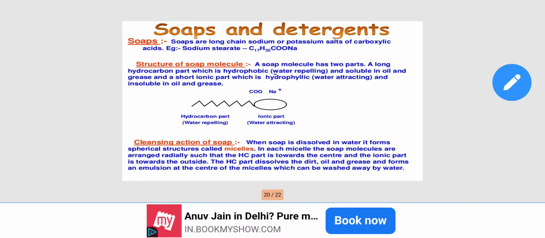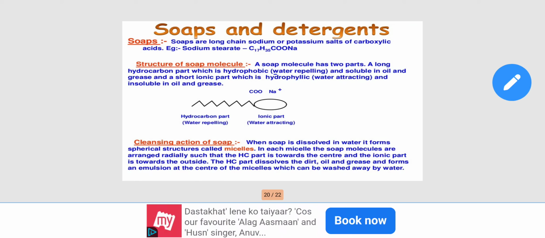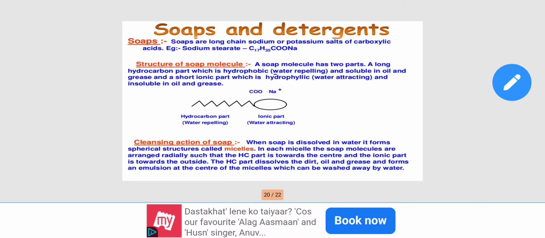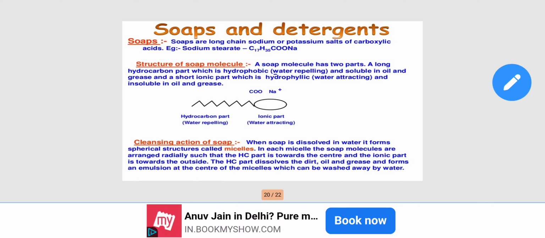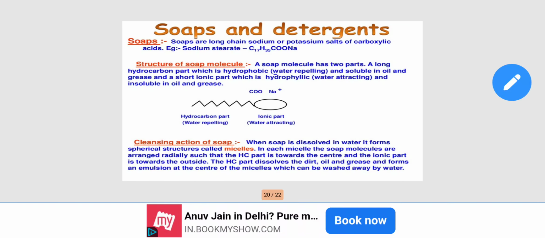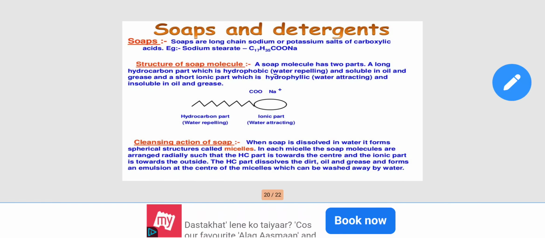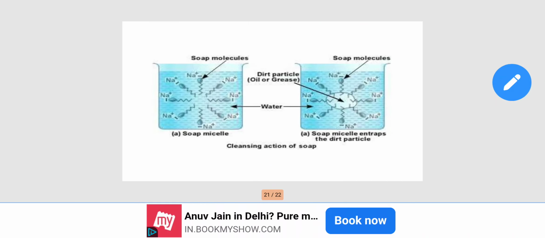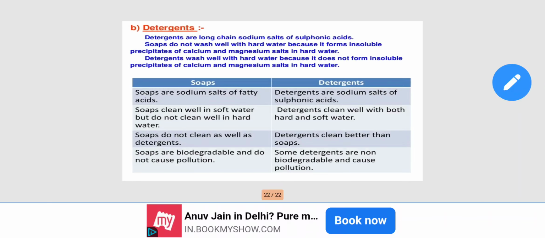The ionic part means water attracting. The hydrocarbon part dissolves the dirt, oil, and grease and forms an emulsion at the center of the micelle, which can be washed away by water. You can see this figure also.